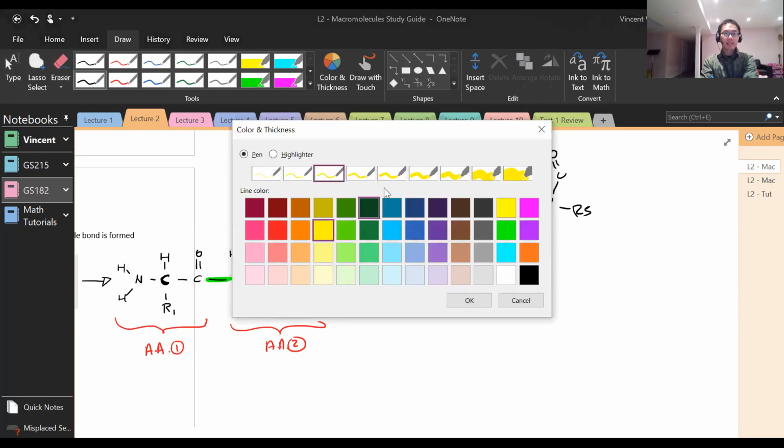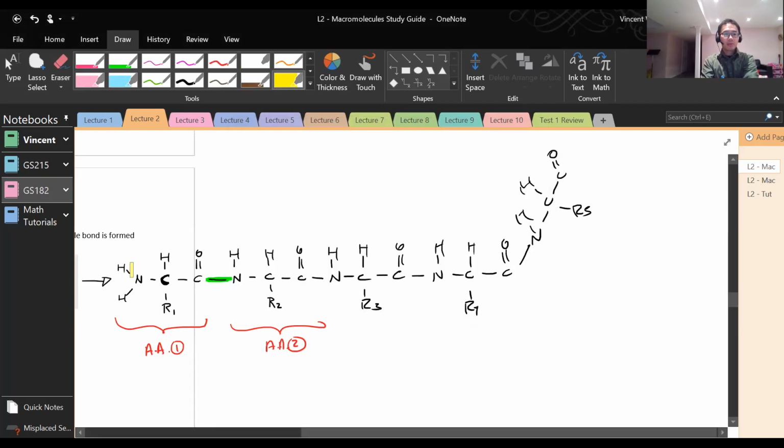So the point I'm trying to make is this. Take a look at here. You see this backbone, right? N, NH, CH, C double bond O. And then NH, CH, C double bond O. NH, CH, C double bond O. This whole thing is just repeating itself over and over again.